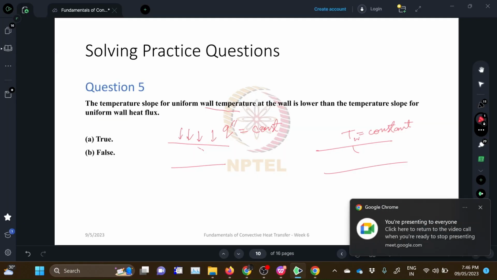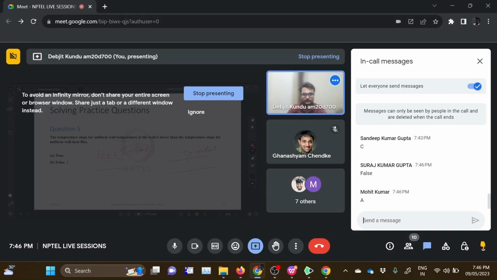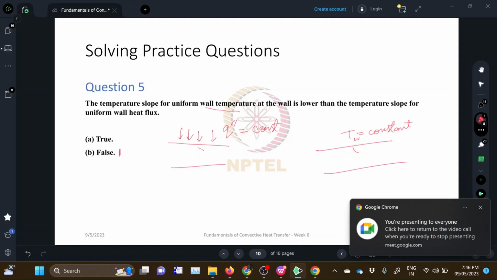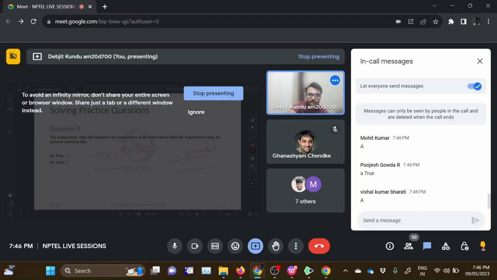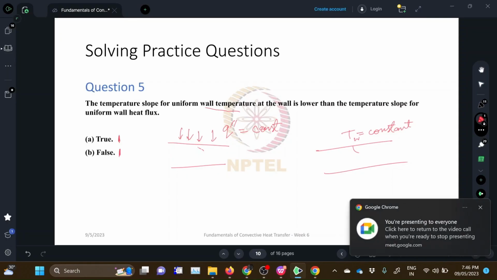Okay, so we have one response saying it's false. Let's see what others have to say. Another one says A, that is true. We already have the crowd divided. Okay, 2 more responses in favor of true.